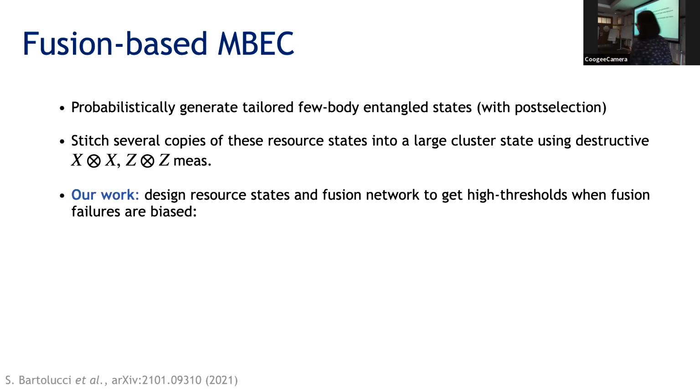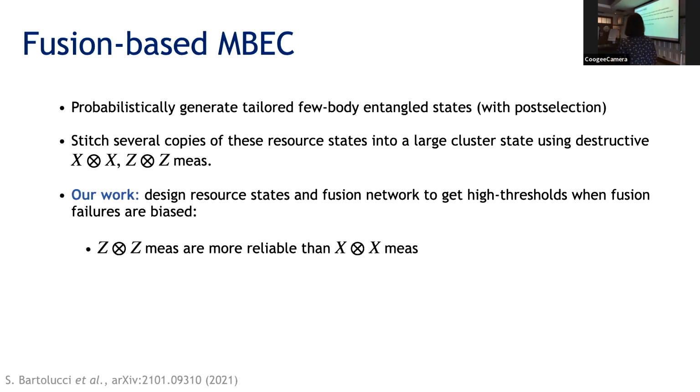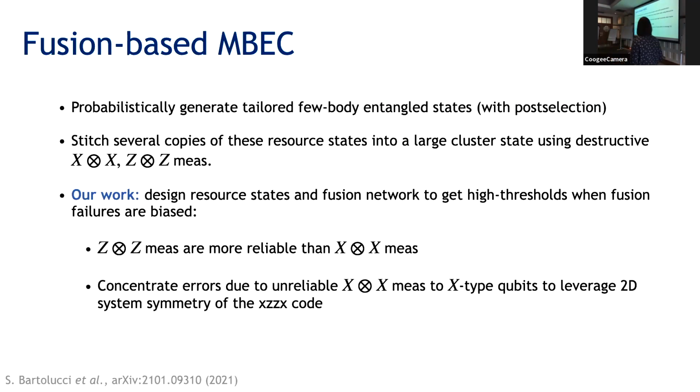So what is our contribution in this area? We design the resource states and the fusion network. We optimize the resource states and fusion network such that when I have biased fusion failures, that is when my Z errors are more likely than X errors, then I get high thresholds.